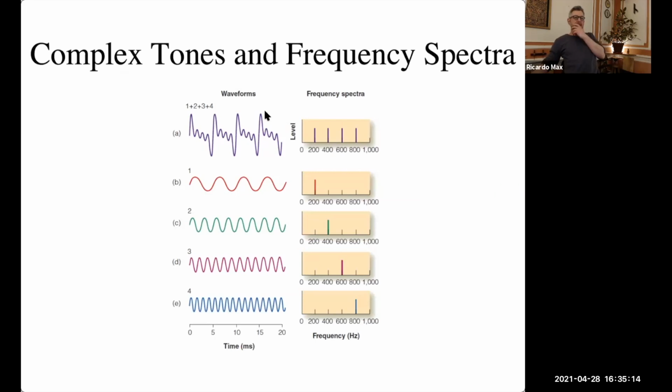Okay, so this is a complex tone. Let's see how it works. So this is a Fourier analysis, right? So here we have 200 hertz, 400 hertz, 600 hertz, 800 hertz. And if we combine these four sound waves together, we have this one wave.